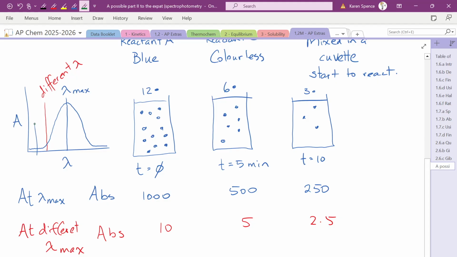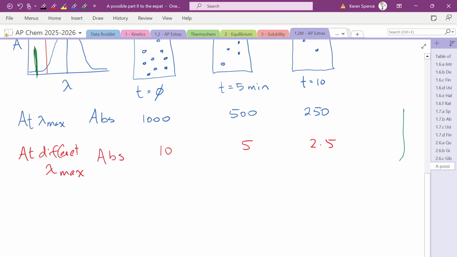I don't know, green. There we go, green. Oh, that shouldn't be lambda max. That should just be a different lambda, because it's not the maximum wavelength. It's just some other wavelength. Perhaps when I have it way over there, my absorbance just shows 0 and 0 and 0. And do you see how that becomes kind of useless?